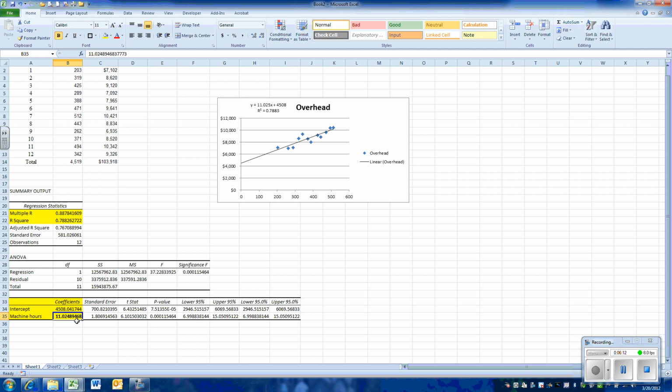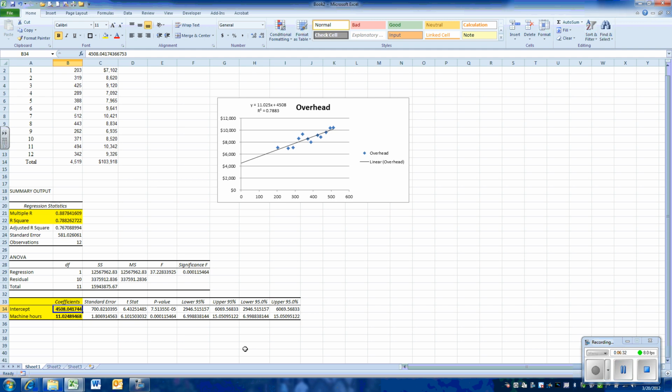So the coefficient for the machine hour is our per unit cost in our variable cost function. This intercept, its coefficient is our fixed cost.